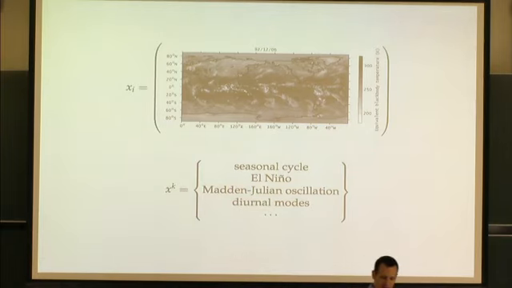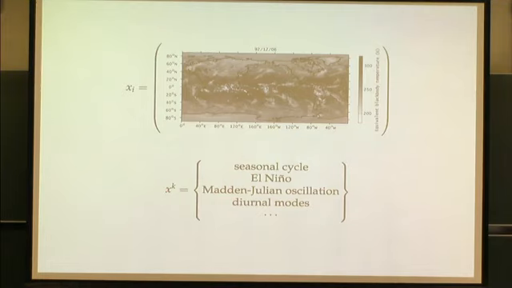And just to give an illustration from atmospheric science, this is a picture acquired from satellites, which measures the infrared brightness temperature of emission from the surface of the Earth. This is a good proxy for deep convection. So you see here these deep convective clouds around the equator, and these organize in various ways.